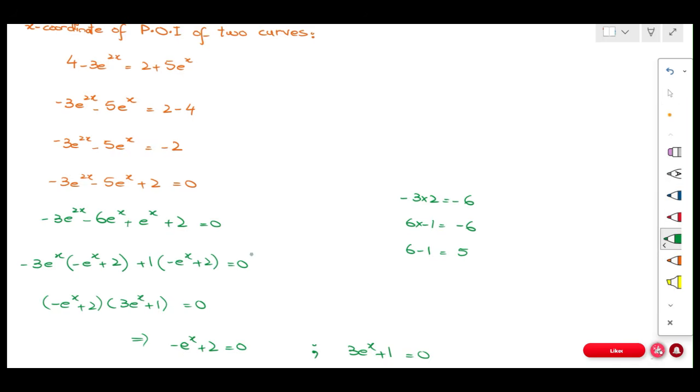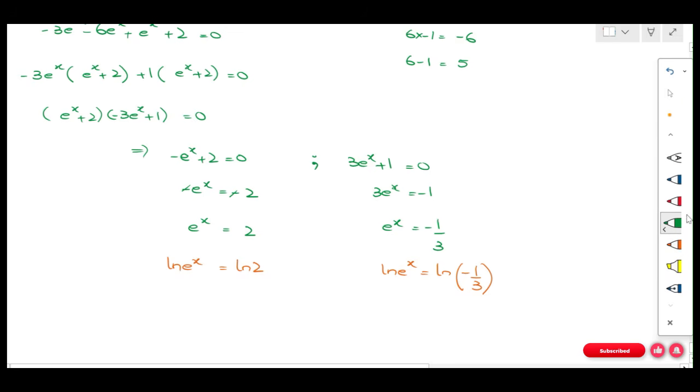Now you have to take a negative sign common. When I took the negative sign common, I have positive. Minus 3 is common, right? And these two are already positive. 1 is common. So this is e power x plus 2, and here minus 3 e power x plus 1. It's negative 3.